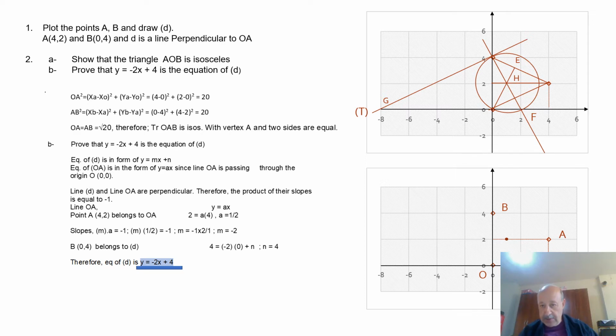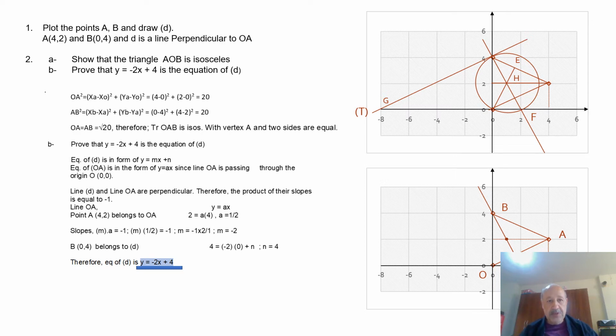Just simply draw a line from B, cutting OA at a right angle. Just like that. So we join O, A, and B and it becomes a triangle.